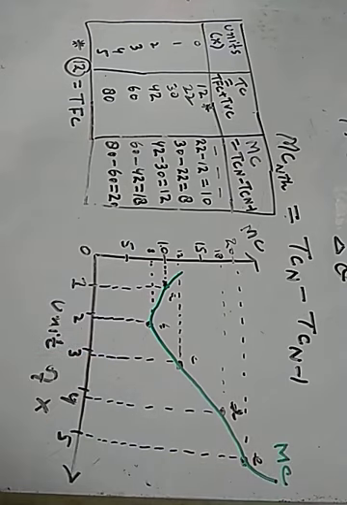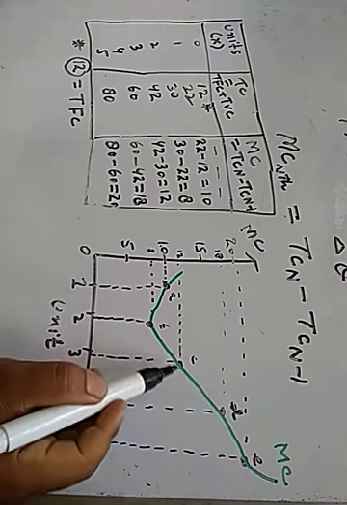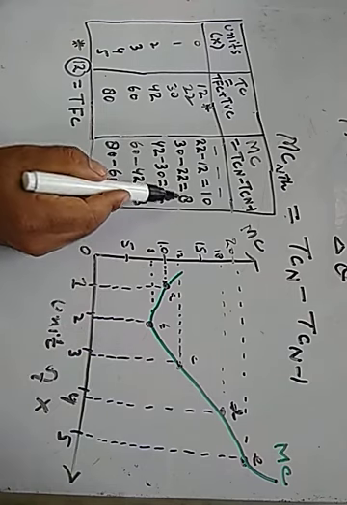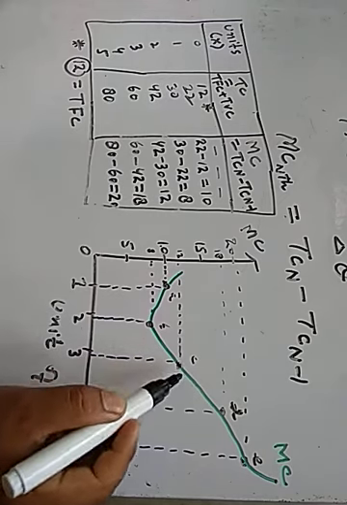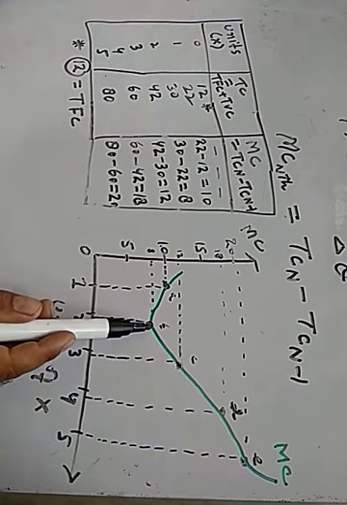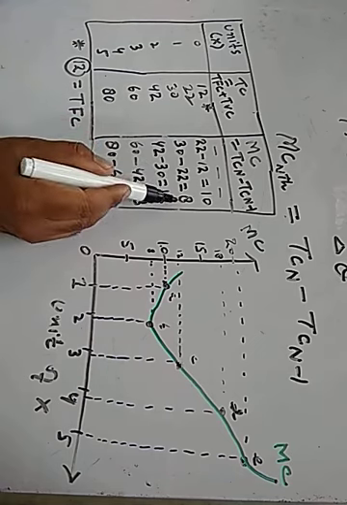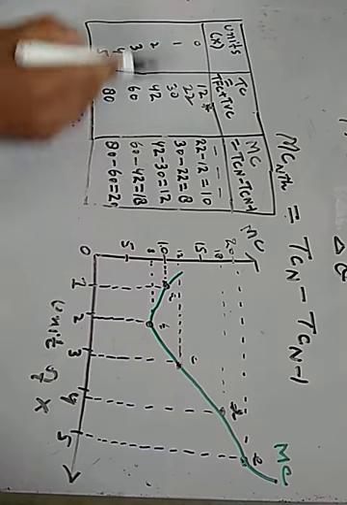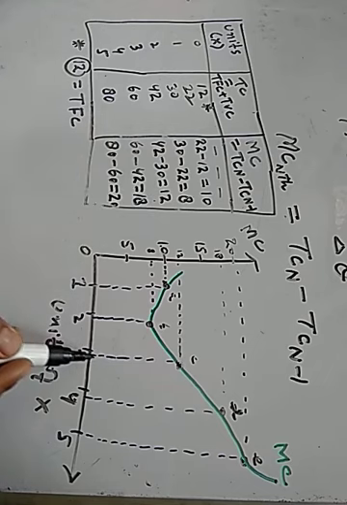This one initially decreases with the increase in level of output, and when it reaches a certain level of output, beyond that it starts rising. After the second unit, when it reaches the third unit, it starts rising.